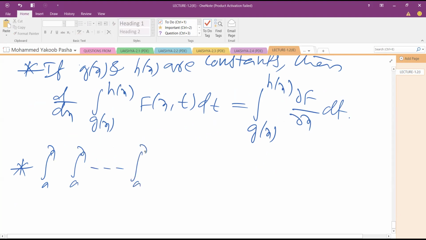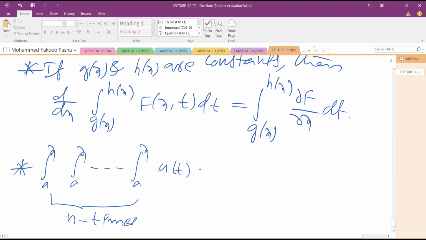This integration is taken n times. This problem was asked in APSET 2024: n times u of t dt.